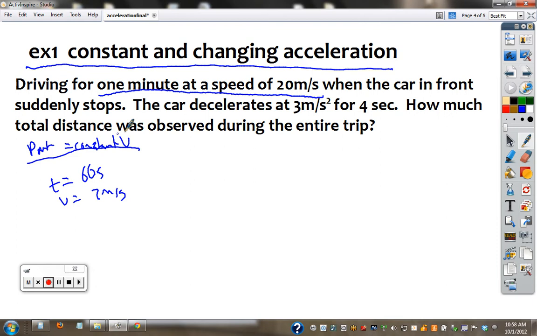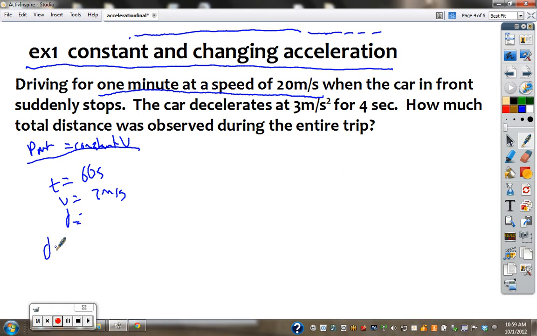We want to know the total distance when you're moving, and then when you start slowing down. So this part finishes up as distance equals velocity times time, 20 times 60, 1,200 meters. That's part 1.